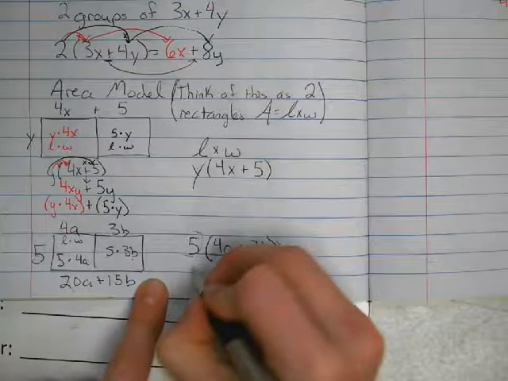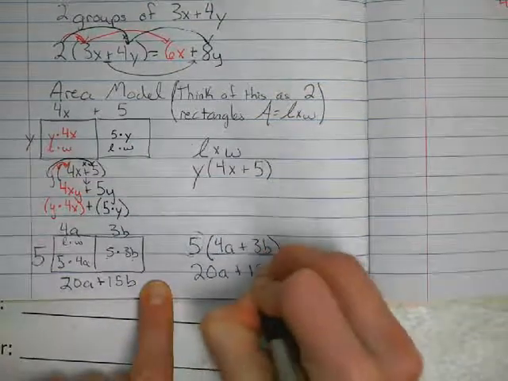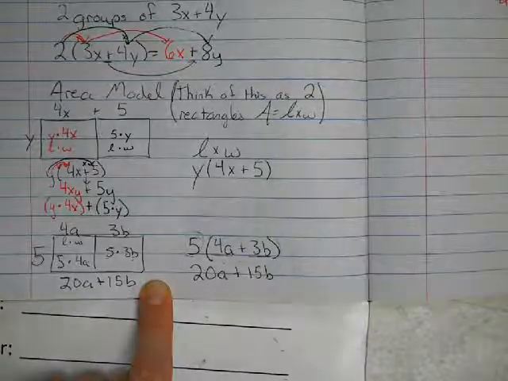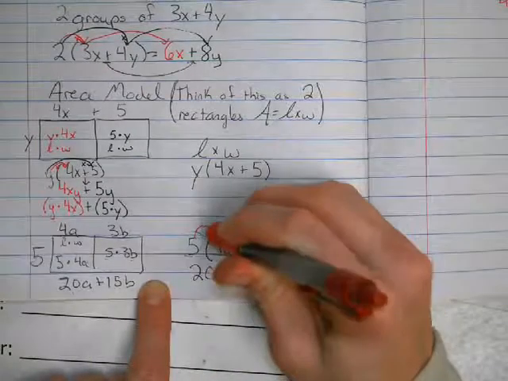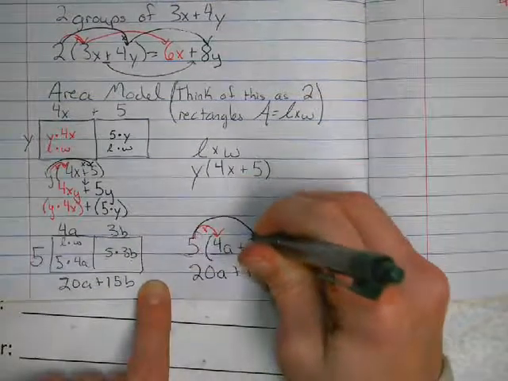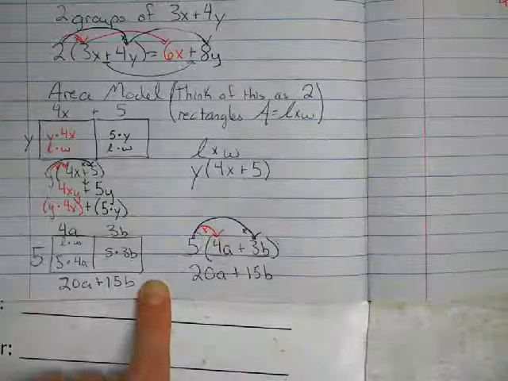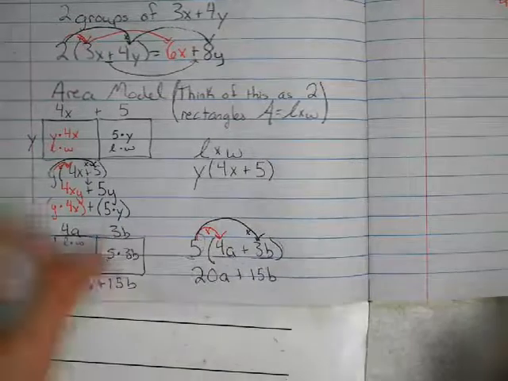And this term is equal to 20a plus 15b. And again, that just came from the distributive property where we took this 5, multiplied it there, and then we took our 5 and multiplied it to that term there, and you get your 5 times 4 is 20, 5 times 3 is 15.